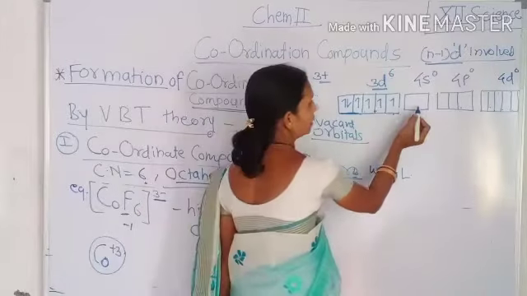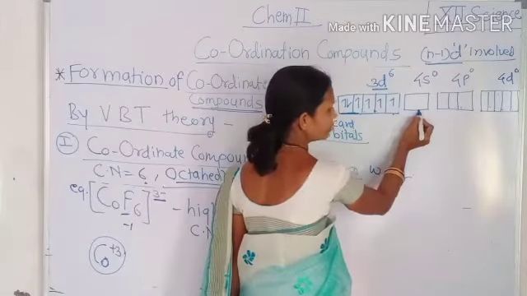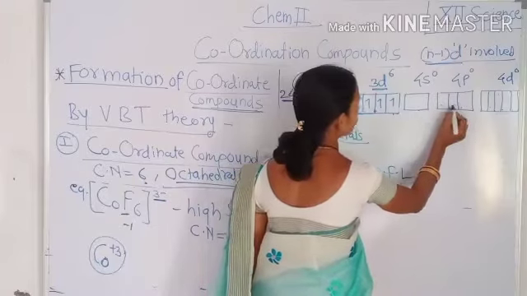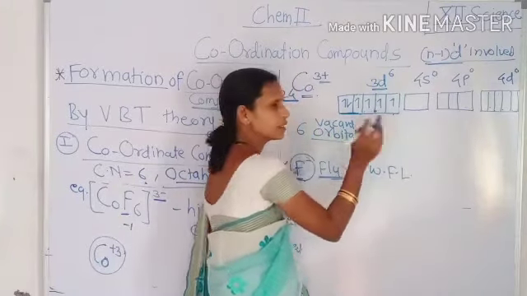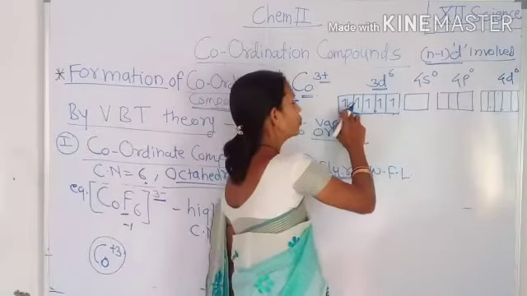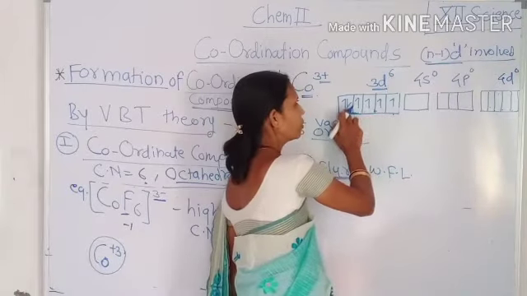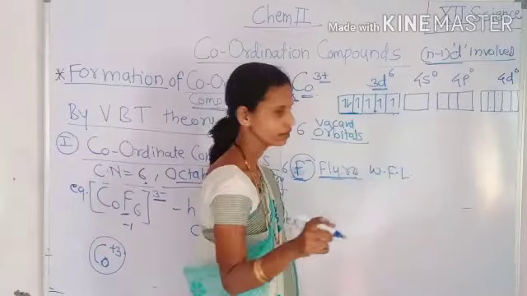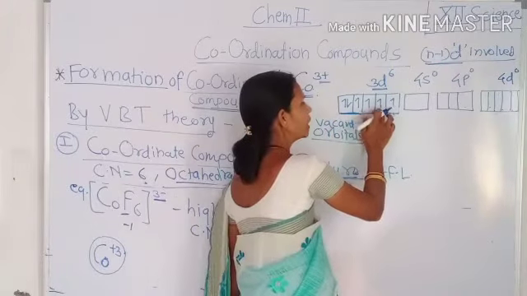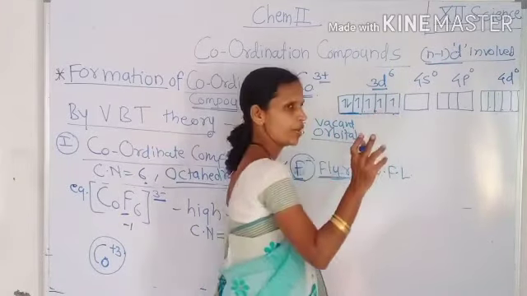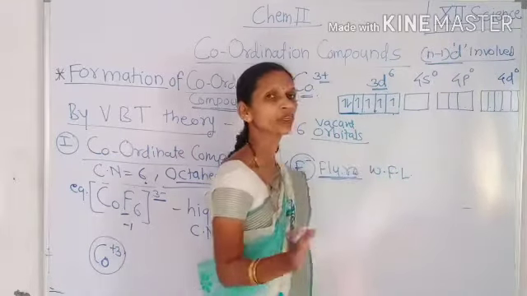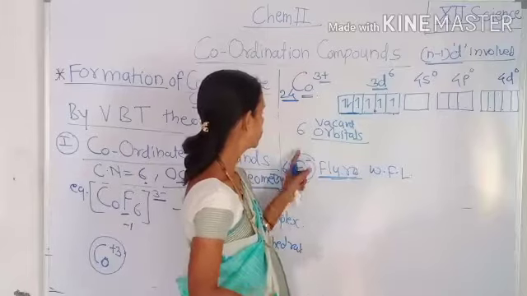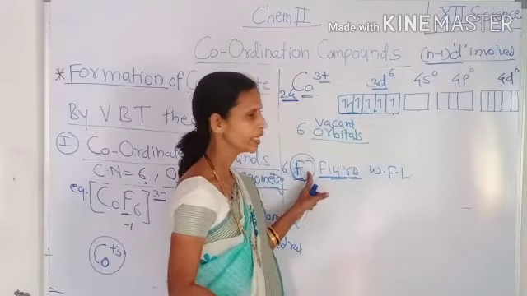See here, there is one 4s orbital which is vacant, and three 4p orbitals are vacant. In the d orbitals, one orbital is paired and 4 remaining orbitals are unpaired, and the pairing of electrons does not take place due to the nature of the fluoro ligand.